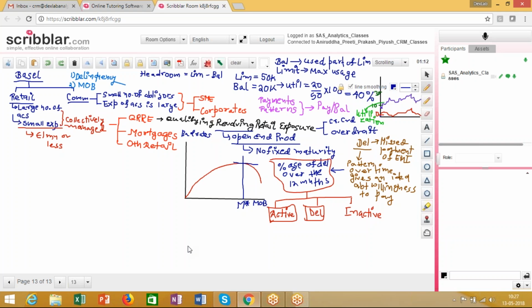And it is seen that as the overall age of the portfolio matures, the loss rates gradually stabilize. Whereas if you have a lot of accounts which have month on books greater than M star, you know that your portfolio is more or less seasoned, and the chances of the borrowers to default after this point is actually very less, right?